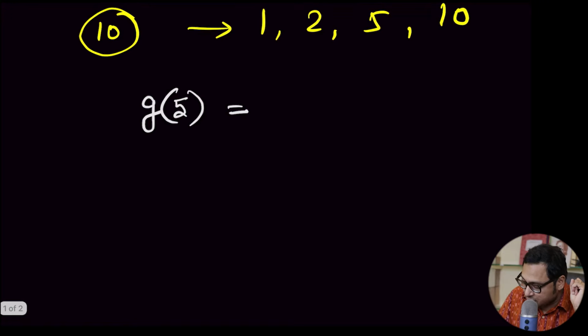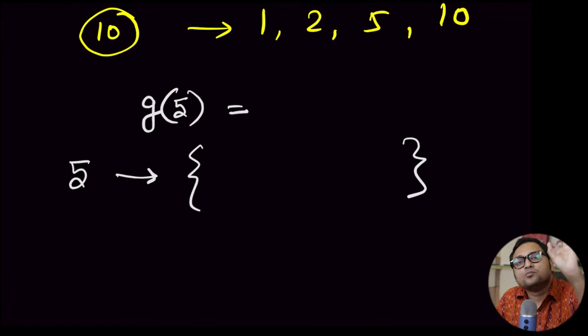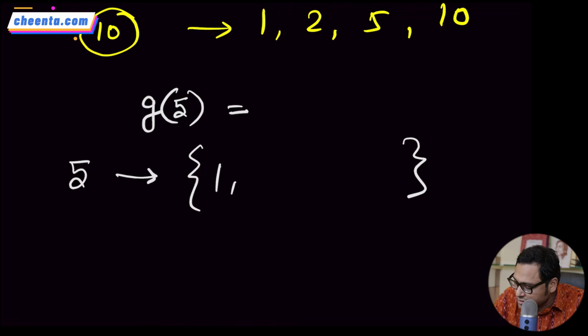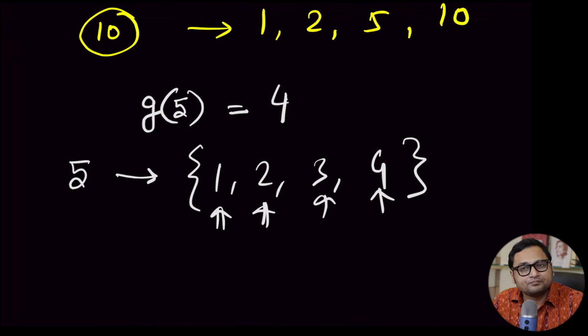Okay, so what are those numbers? 1, 2, 3, 4, all of them. They all have GCD 1 with 5. So G of 5 is 4 because there are 4 elements in this set.